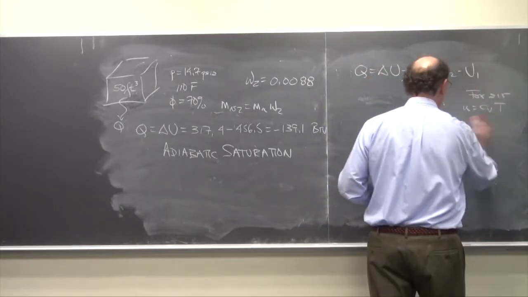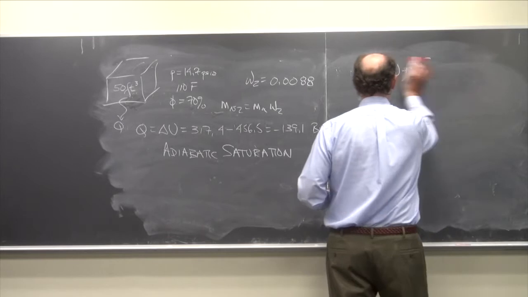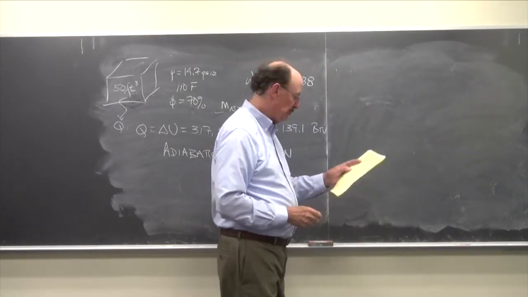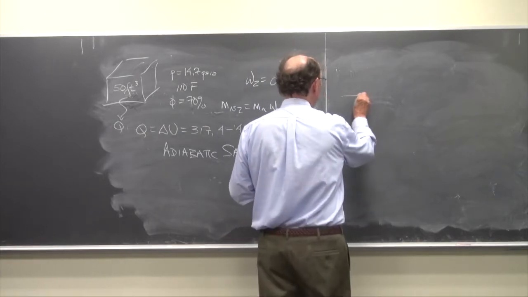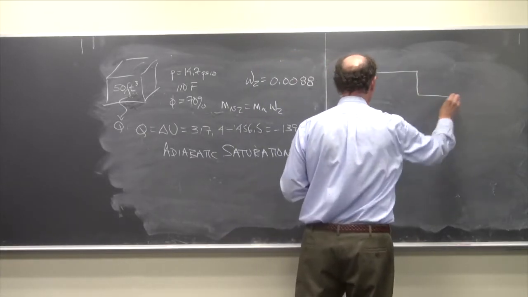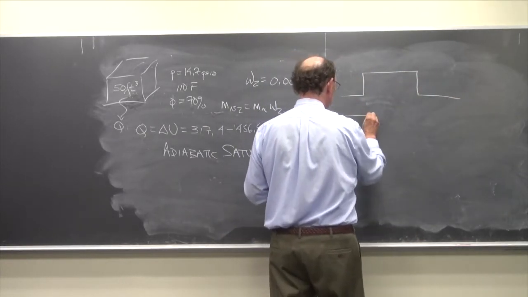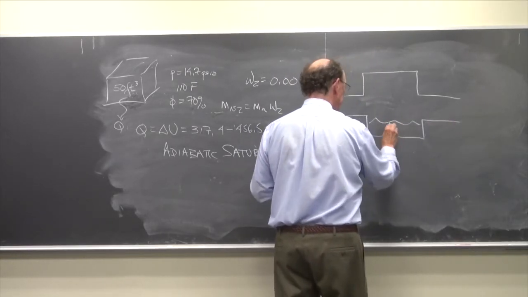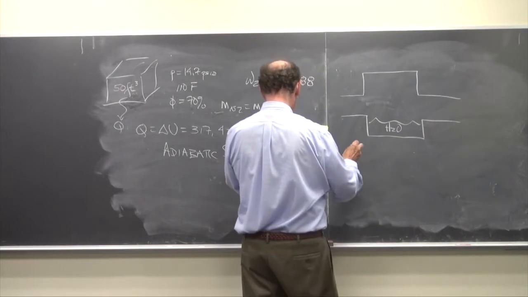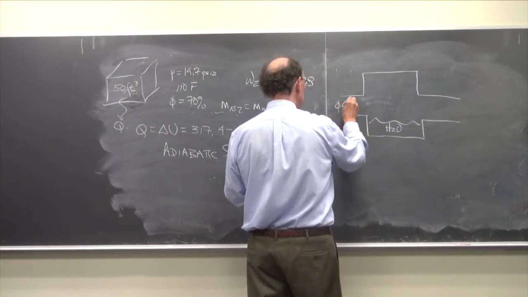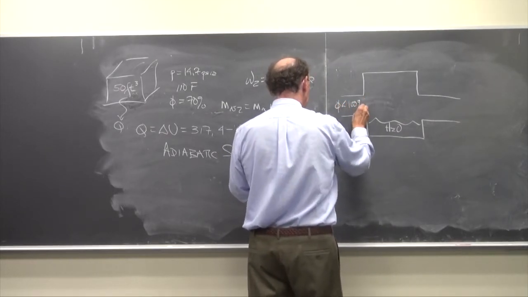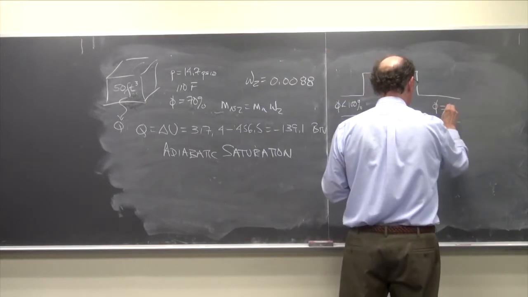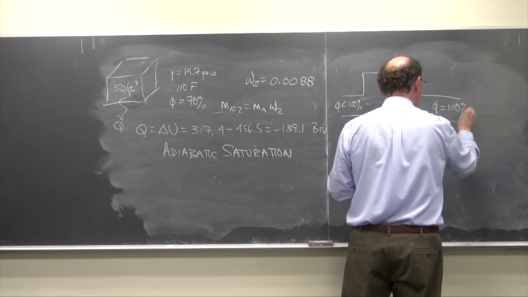These are used when we get to chapter 16. If I take a stream of air, at state 1, Phi is less than 100%. Over here we're going to have water, H2O, where Phi is 100% and it's saturated.